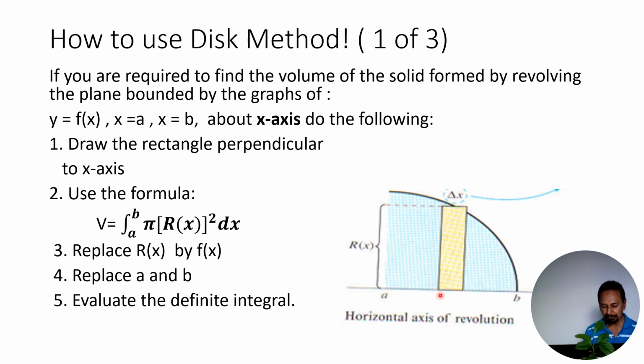Then use the formula V equals the integral from a to b of pi times r of x squared dx. Replace r of x with the function f of x, and replace a and b with the values given in the problem. Then evaluate the definite integral, and you will get the volume of the solid of revolution.